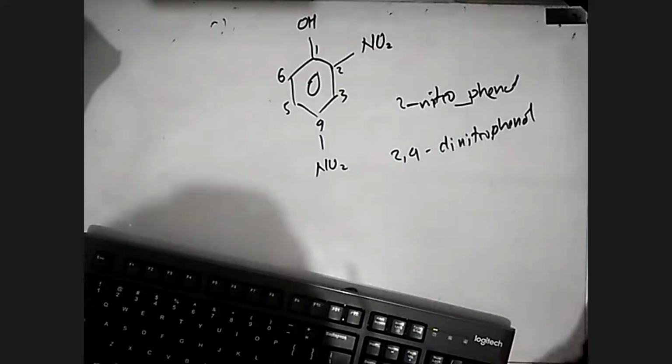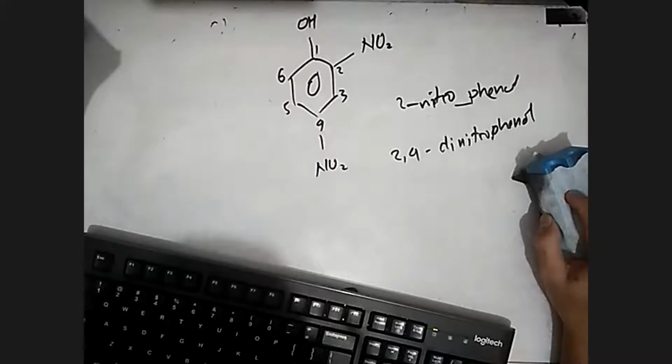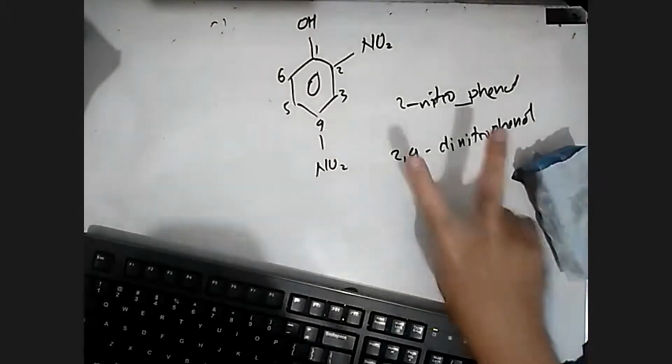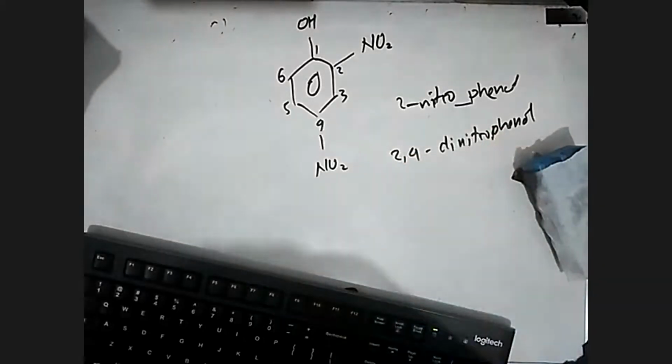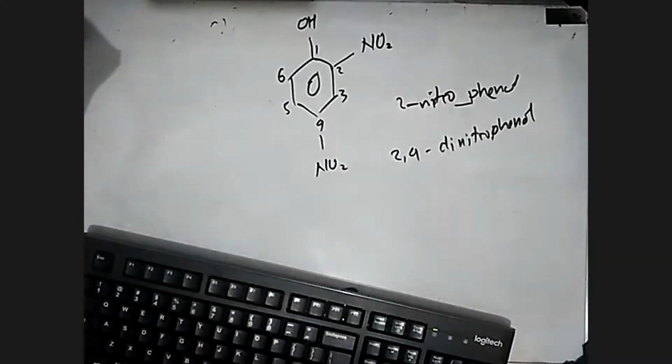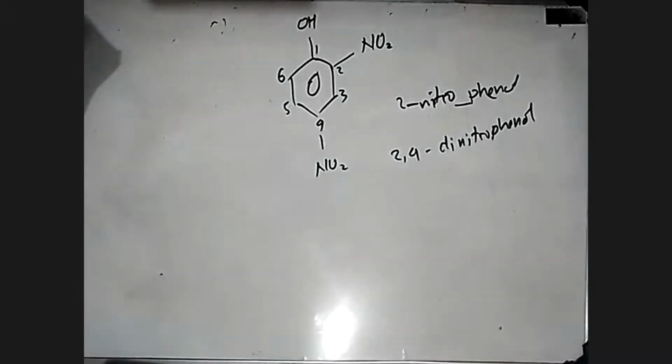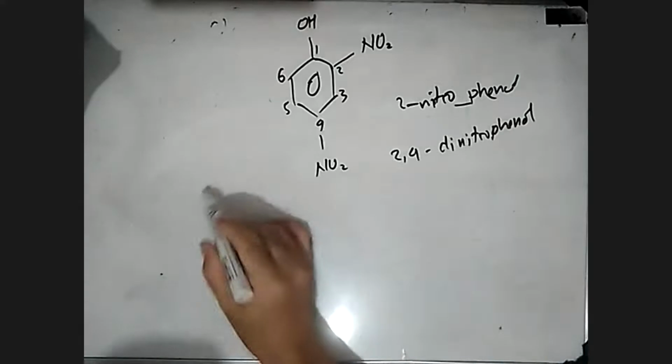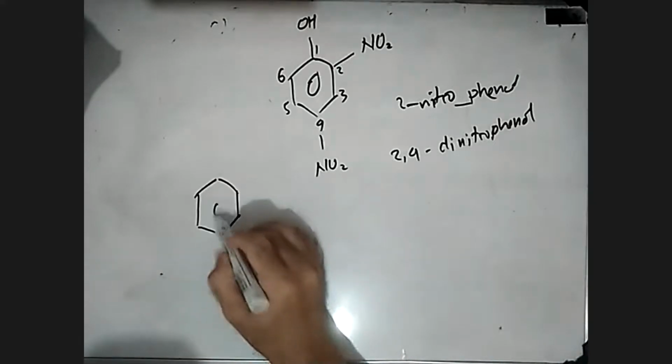Another way of naming is for when we have 2 substituents. The second numbering can only have 2 substituents. In this case, we need to know the position relative to the primary substituent.